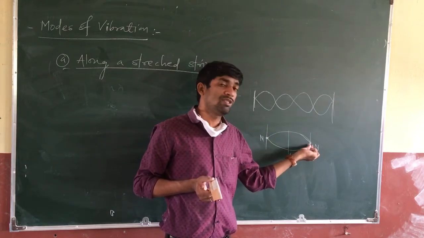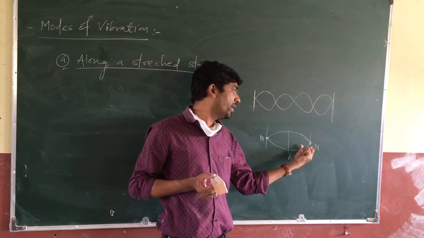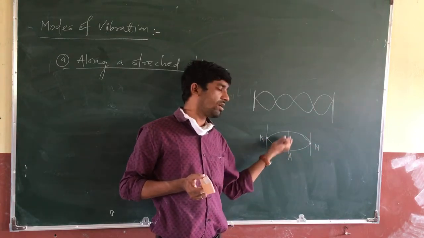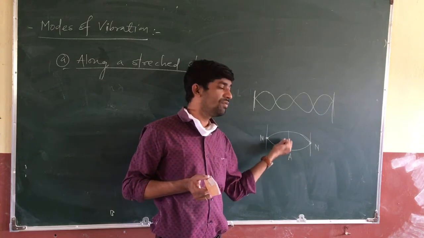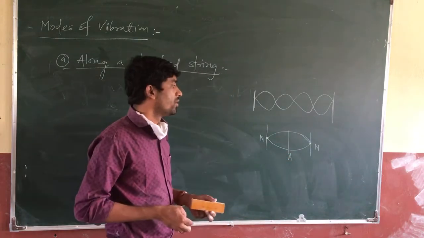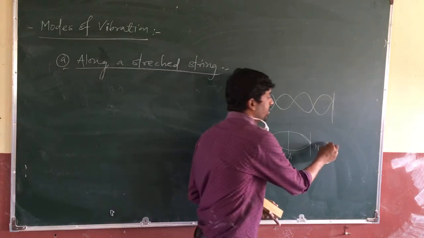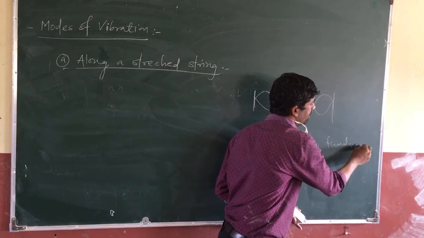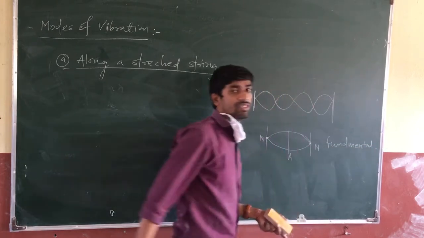At a bounded end there is a formation of a node, and at the free end there is a formation of an antinode. So this is known as your fundamental mode of vibration.